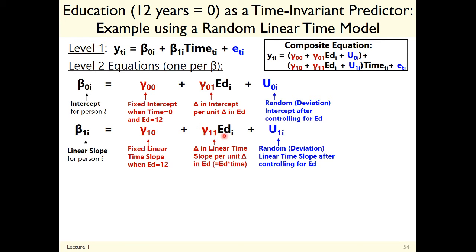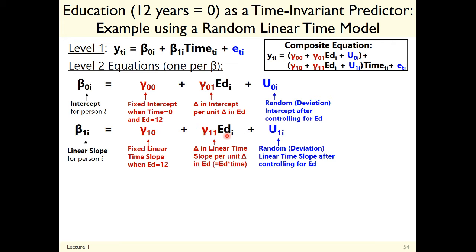And it's kind of hard to see in this version of writing the model, but you can see it more clearly without the placeholders. Gamma 11 is the ed by time cross-level interaction. Ed is level 2, time is level 1. So this is the difference in the linear time slope per unit education.